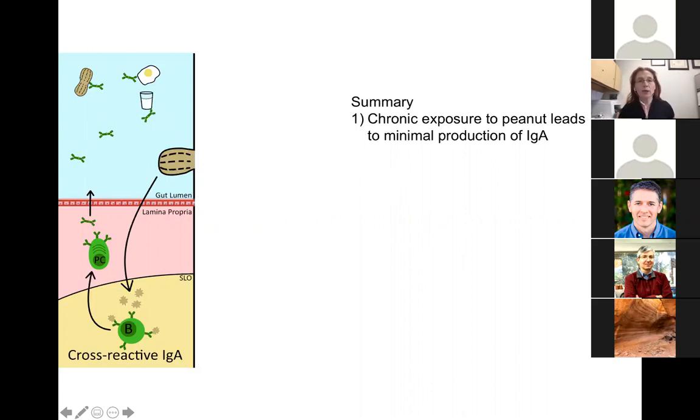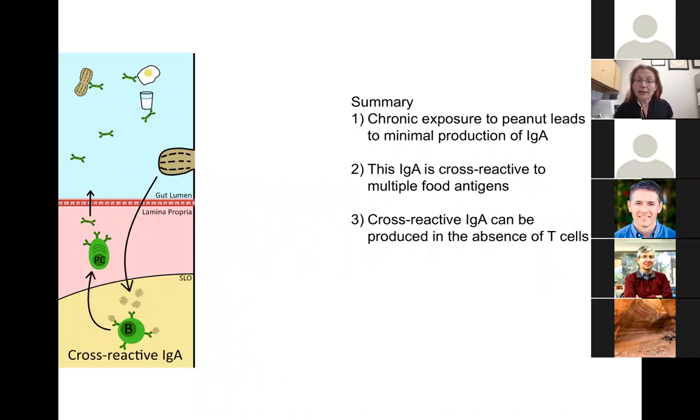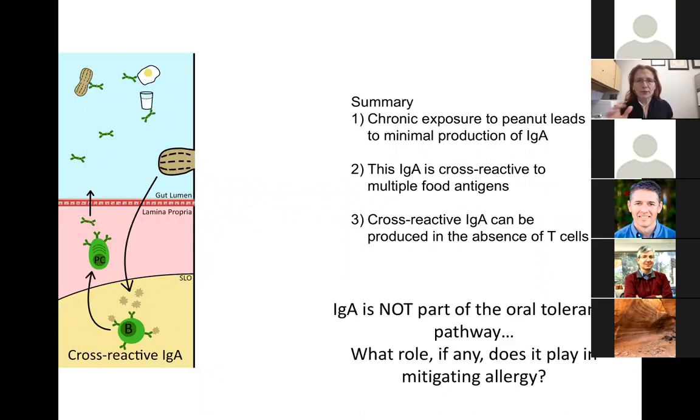This looks a lot more like the IgA that's been described to commensal bacteria. This IgA, however, is T independent, so a very different pathway. And so it kind of questions this idea that IgA is part of the oral tolerance pathway. And it leads to a very difficult question that we are trying to actively address, which is what role, if any, does IgA play in mitigating allergy in terms of the food-specific IgA?